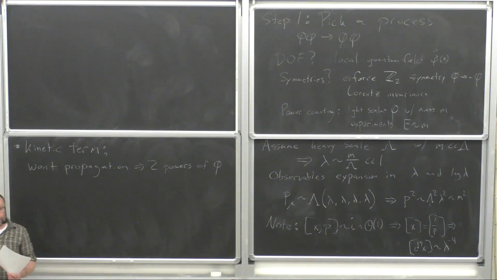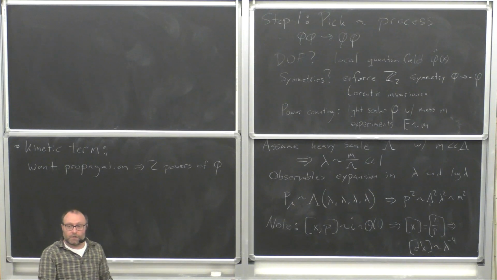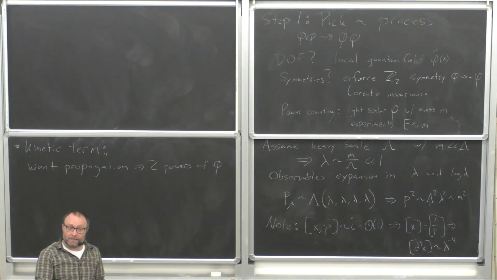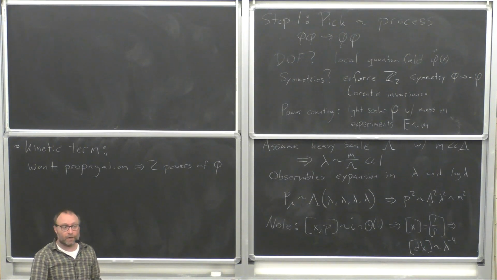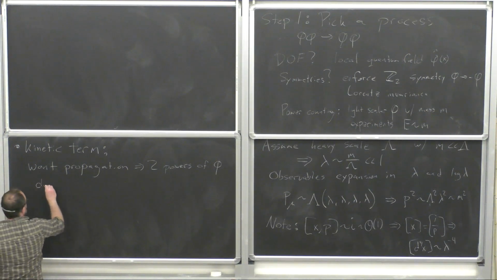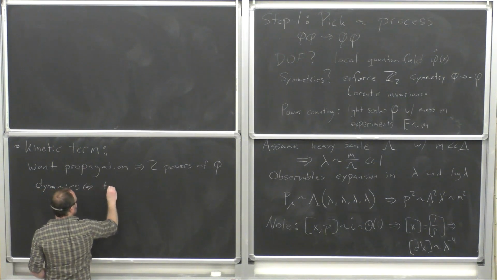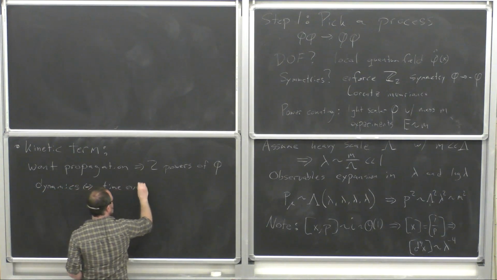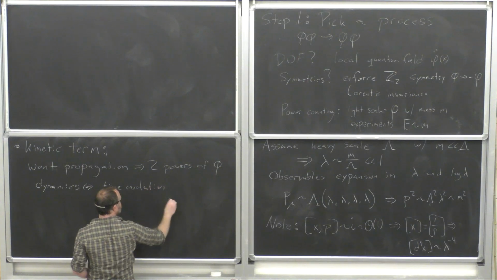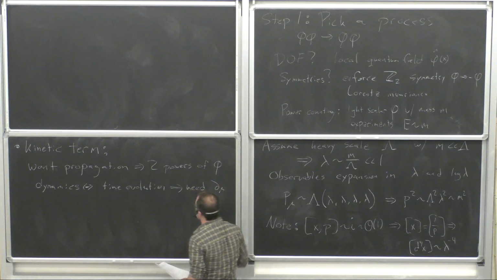We also want propagation to be associated with dynamics. Okay? So in order to get dynamics, we need time evolution. And in a relativistic theory, dynamics we need partial derivatives.